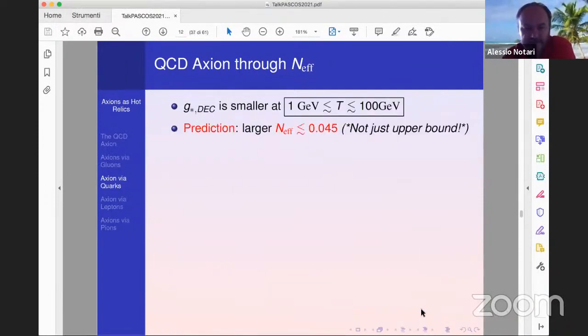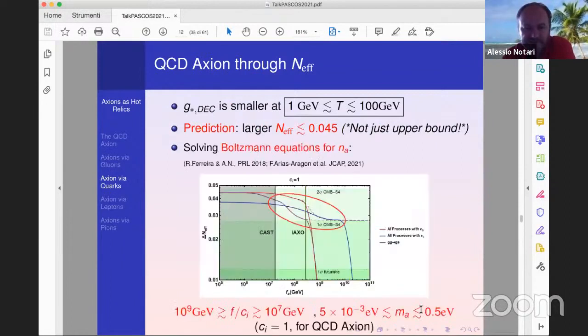So let's show some plots. Now the prediction is that you can see this red region as a function of f on the horizontal axis. You can see what is the Delta N effective which is produced. And instead of being 0.027, it could be, let's say, 2 times larger, 0.03, 0.04, by different channels that I'm not discussing in detail.